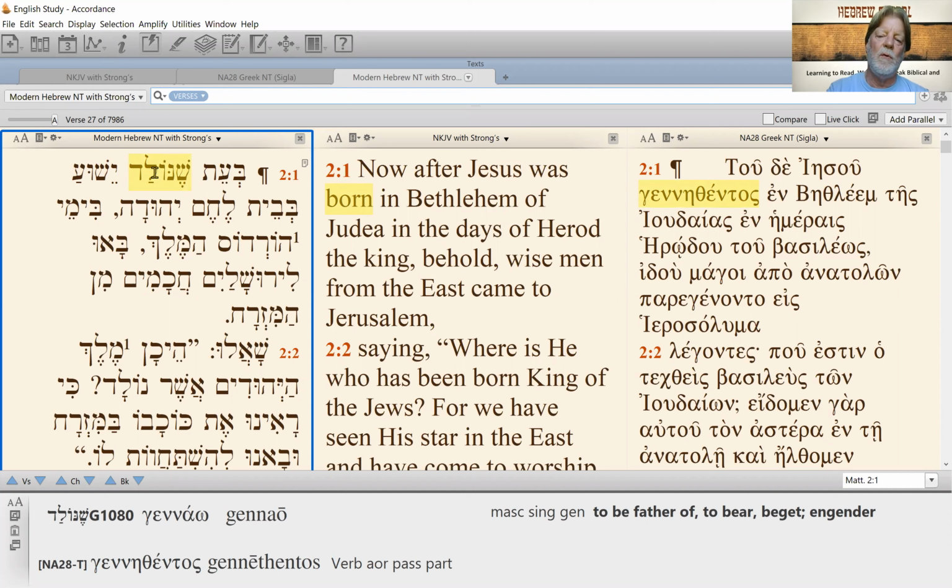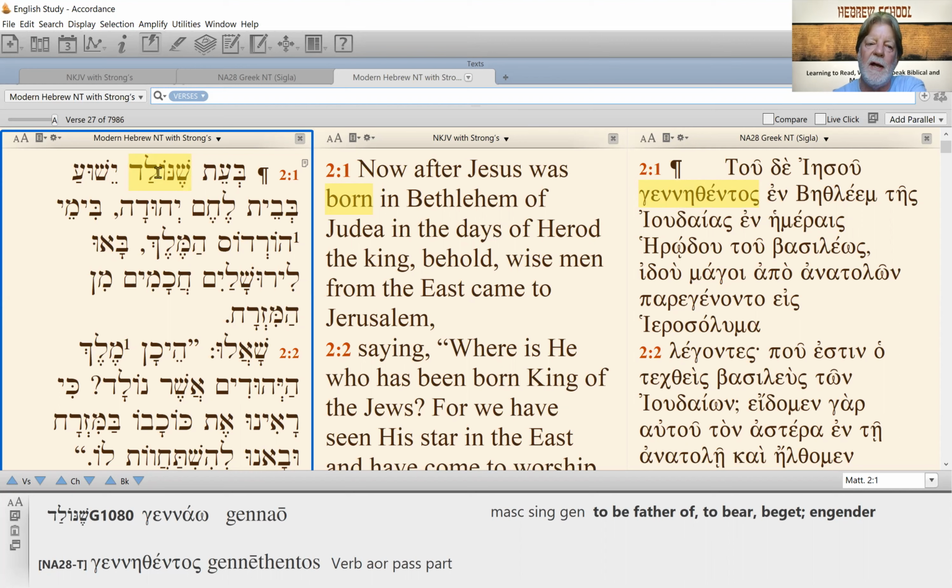So when we highlight the word, we get some information in the info window down at the bottom of the screen. It's not information about the Hebrew words that we're looking at, but the Greek words from which they're translated.